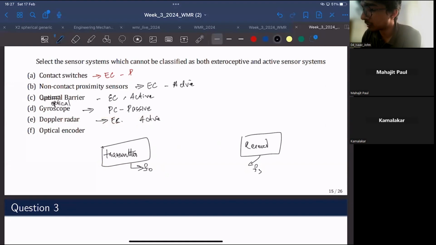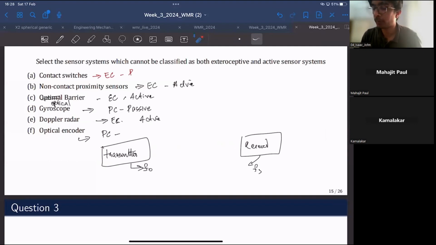And what about the optical encoder? Encoders are mostly used to measure the angular position or angular velocity of the wheels, or mostly the motors, for the purposes of calculating the angular velocity of the robot or the displacement of the wheel. Since it is measuring something internal to a robot, that is a proprioceptive sensor. But since it is an optical sensor, it also has to emit a light wave or a laser beam in order to function.